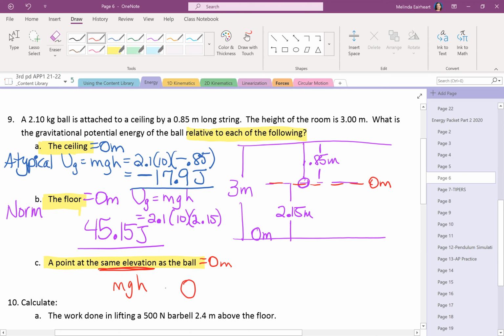And so it'd be 0. Height would be 0. And so the potential energy would be 0. But again, the ball hasn't done anything different. So it's all relative, okay? Just be careful. Most problems, B, the norm, the floor, your lowest point is 0, okay? But occasionally, they'll say relative to a different location. Good deal?